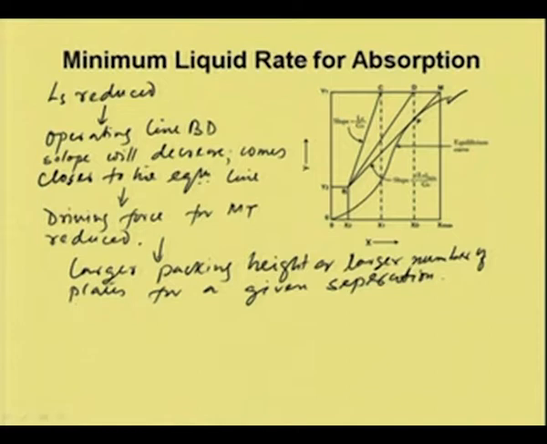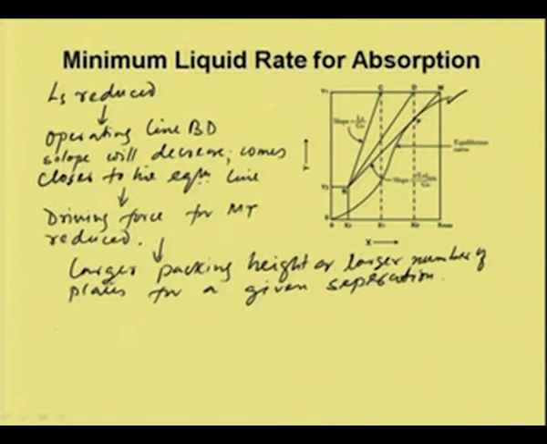So, on further reduction, as we can see at the fixed Y2 and X2 locations, the slope of the operating line is further reduced until it touches the equilibrium line.